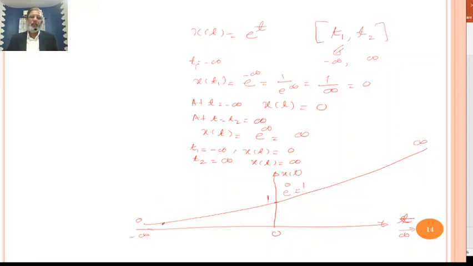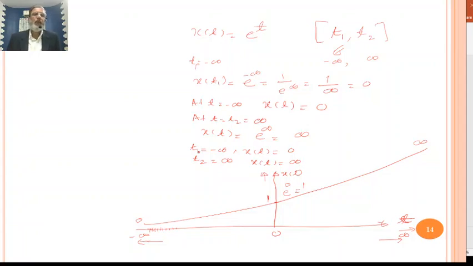Now this continuous time signal exists at every instant of time over the particular time interval, and this time interval is from minus infinity to plus infinity, and the amplitude is from 0 to infinity. Means we can say that the signal is continuous in time and continuous in amplitude.